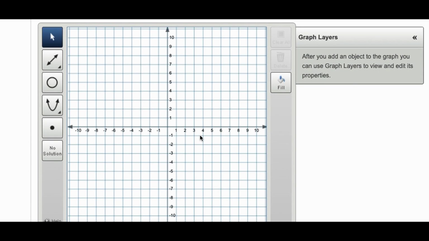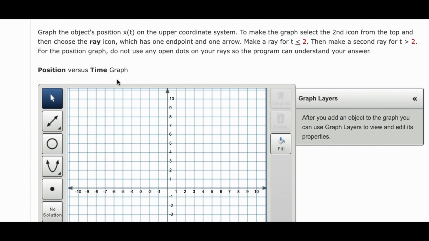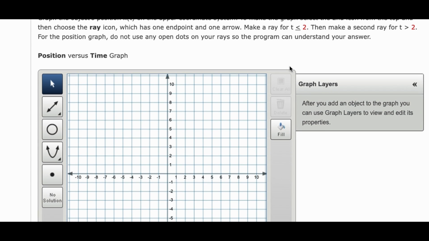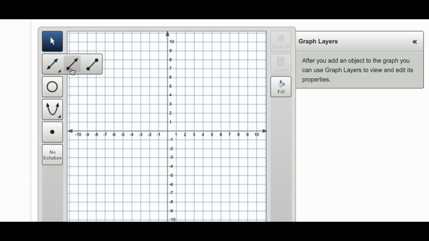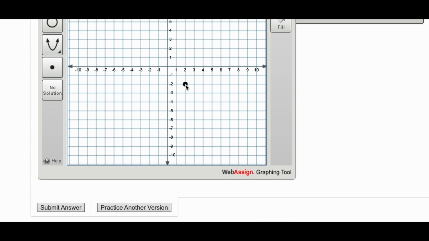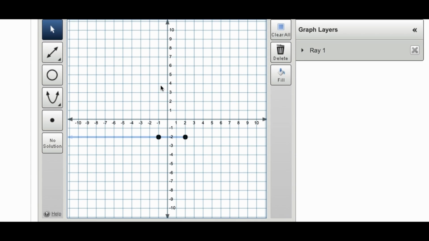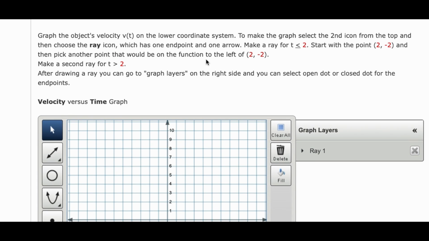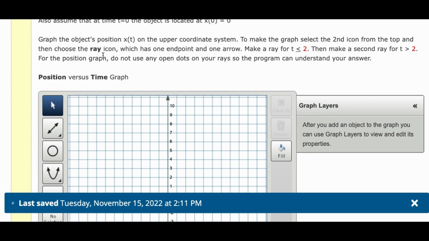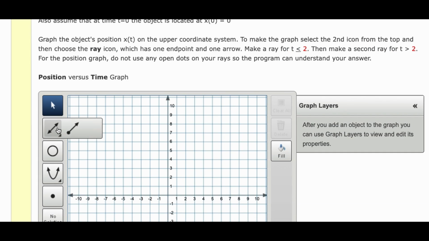When it does ask you to graph these, you have to pay close attention to the instructions. It says make a ray for t less than or equal to 2. So in the velocity here, we'll go like this, and then you have to make a new ray for the other one. Choose the ray icon with one endpoint and one arrow.